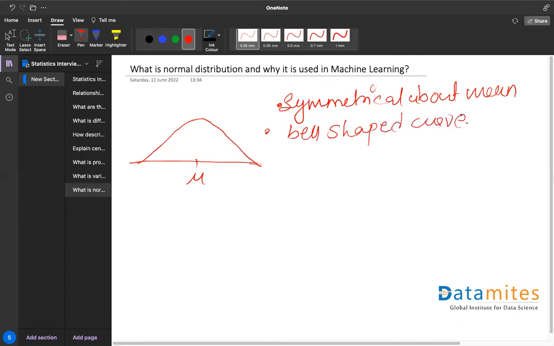Okay. Now, why it is used in machine learning, that you have to tell me first. I will not tell it directly. You need to tell me. Because whoever has joined this session, I can see they have already completed their machine learning part, so try to give an answer for that.